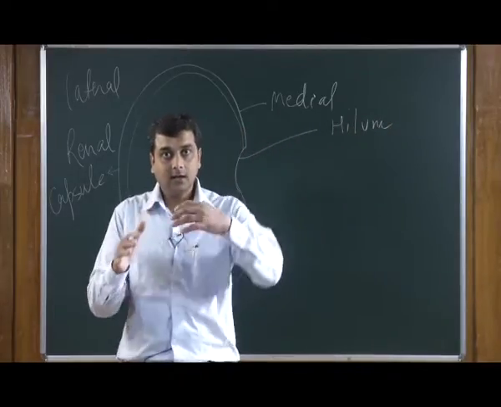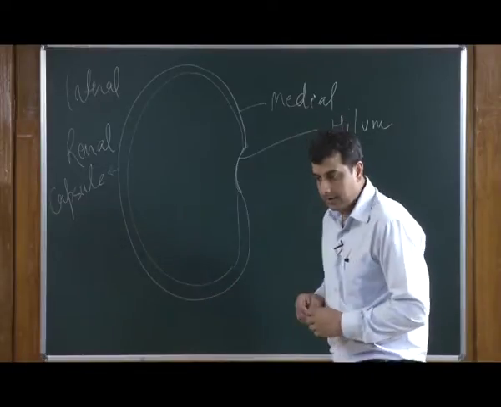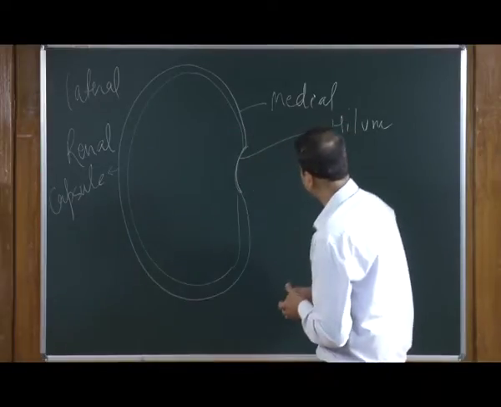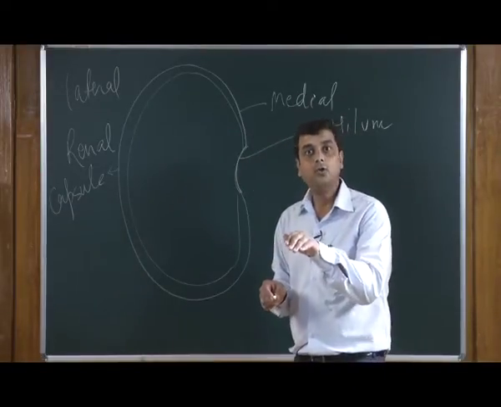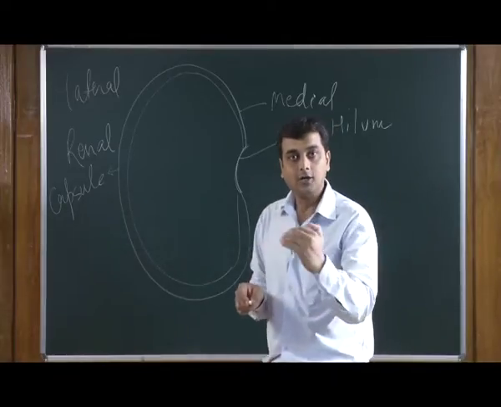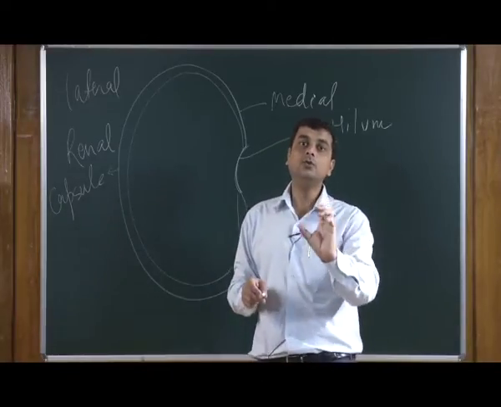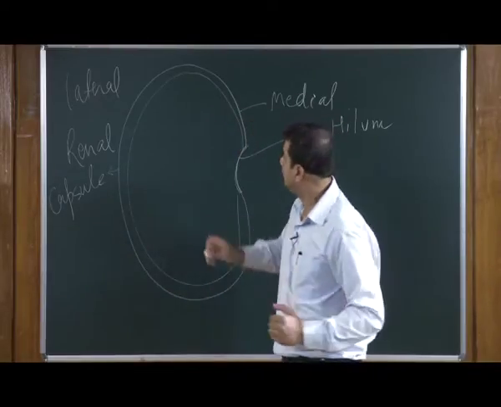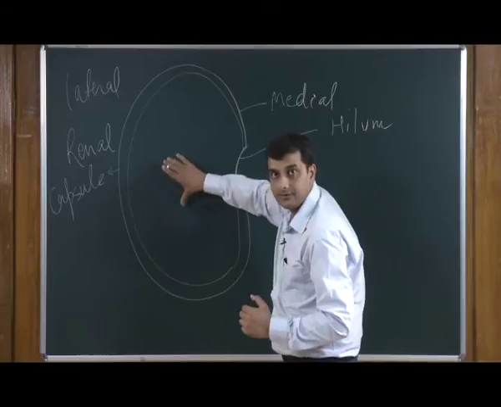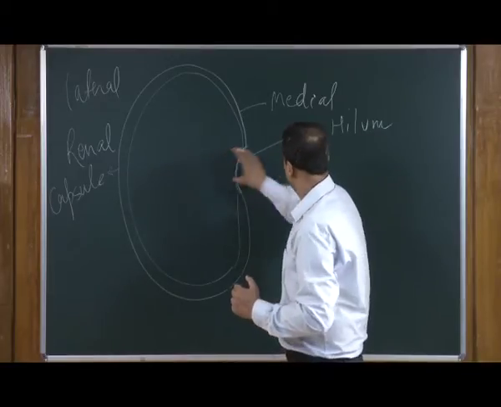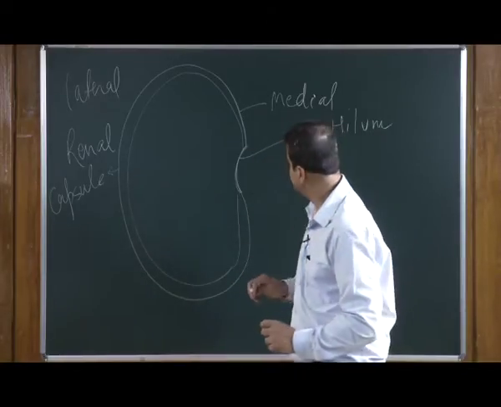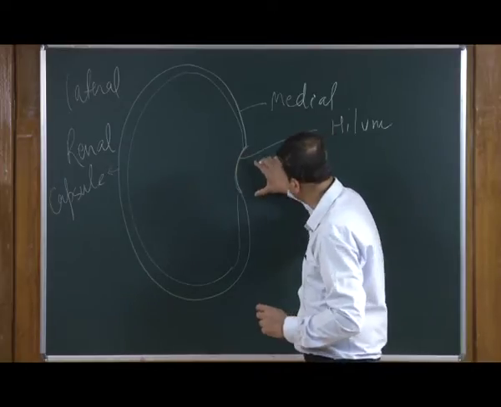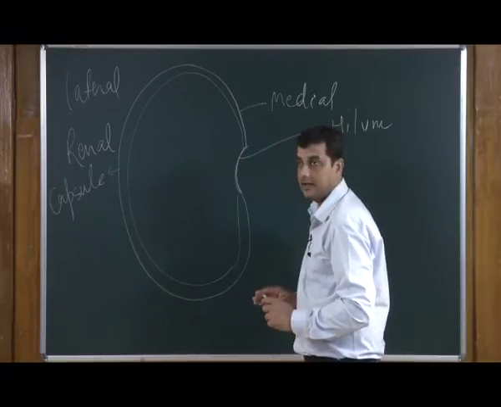This is nothing but an entry point. This hilum gives entry to the blood, also gives exit to the deoxygenated blood, and also to the filtered material which is filtering out from the kidney in the form of a duct. So this is an entry and exit point, kind of an entrance to this kidney.